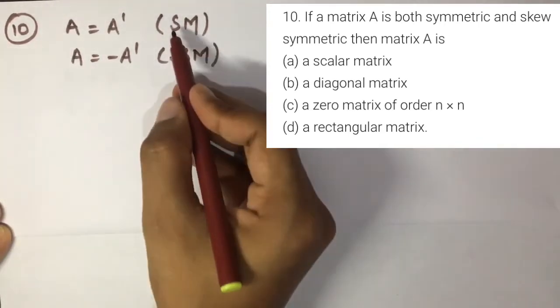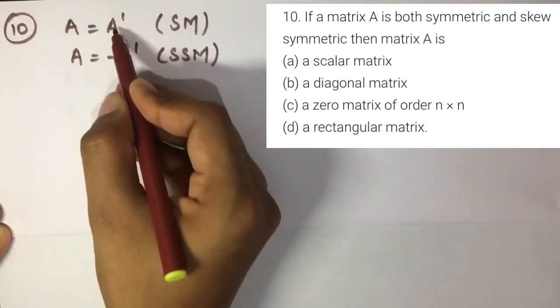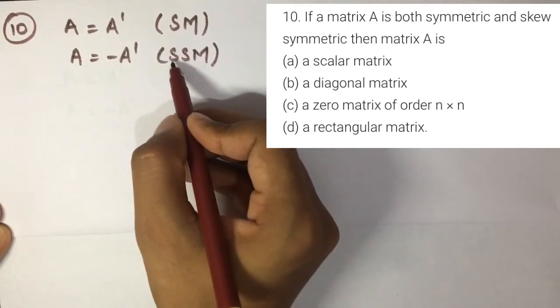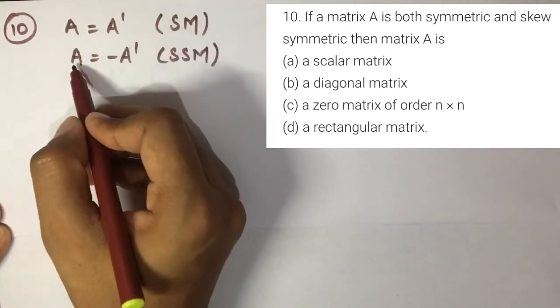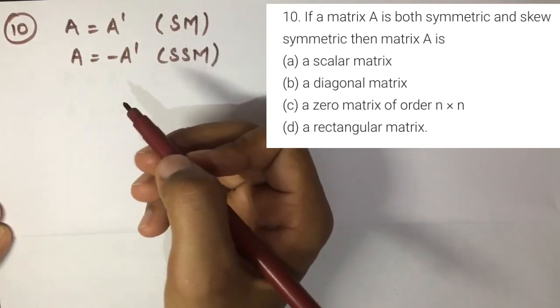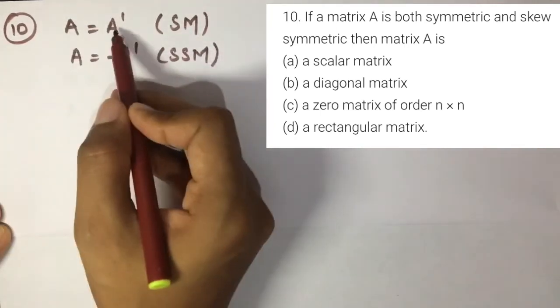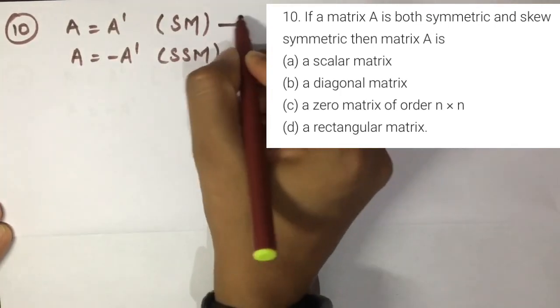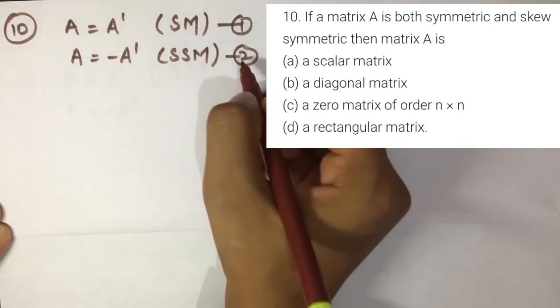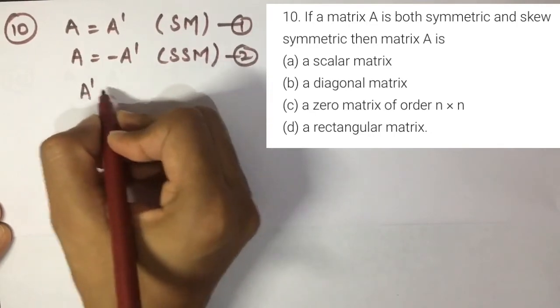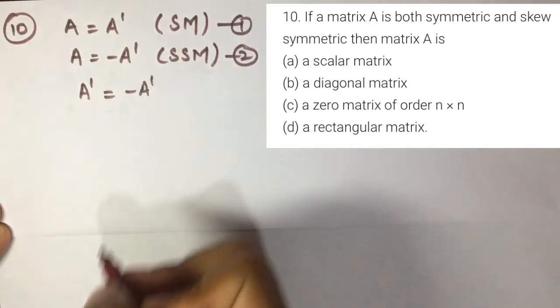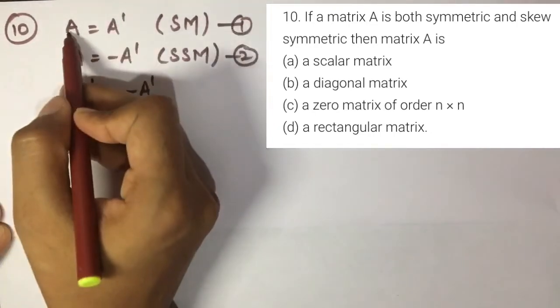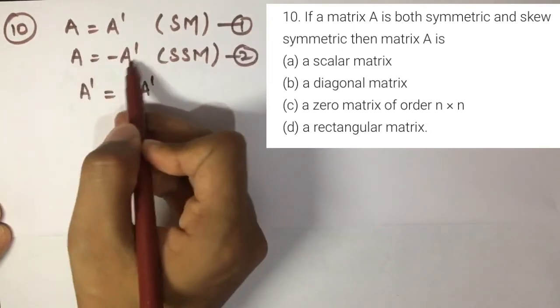The property of symmetric matrix is A is equals to A transpose, and the property of skew symmetric matrix is A is equals to minus of A transpose. So from results 1 and 2, we get A transpose is equals to minus of A transpose, because A is equals to this and A is equals to this.